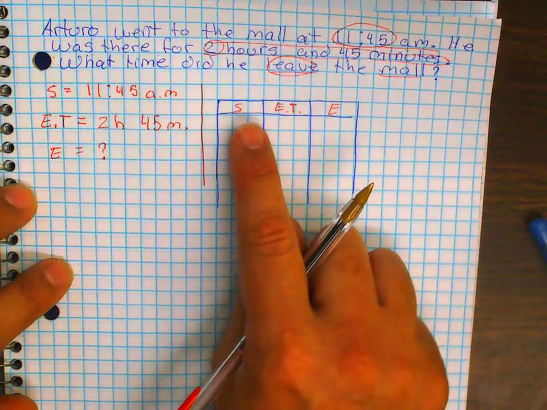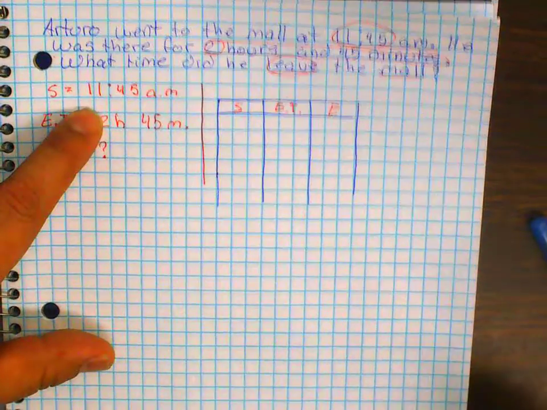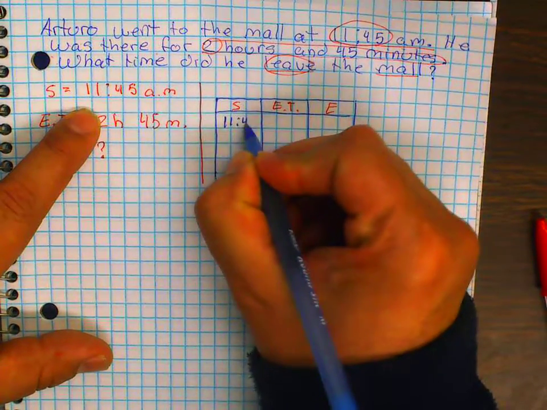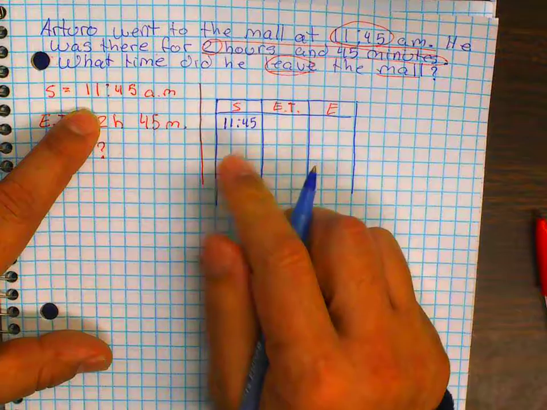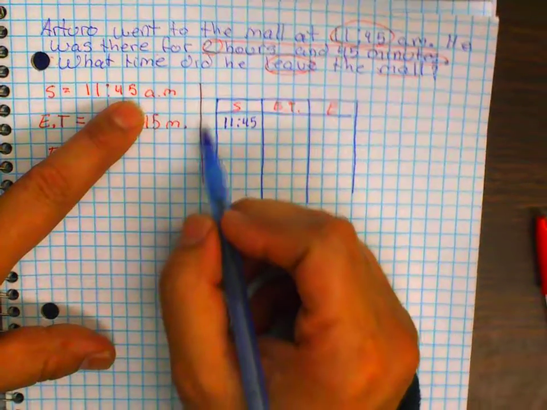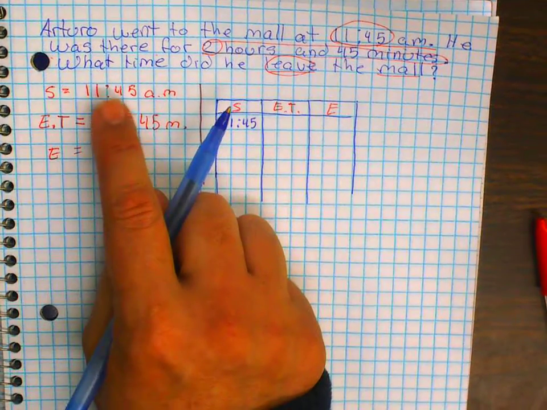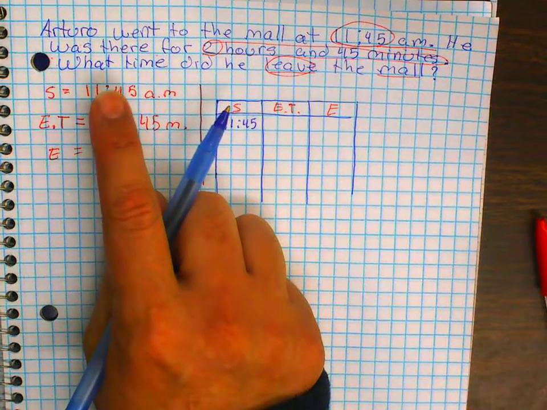Do I know my starting time? Yes. So everything started at 11:45 a.m. Now, notice that the time is 11. It's close to 12. And remember that at 12 is when things change.